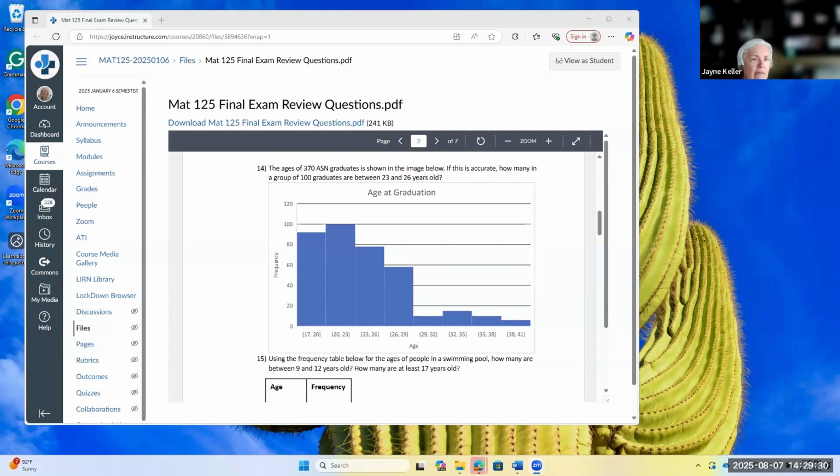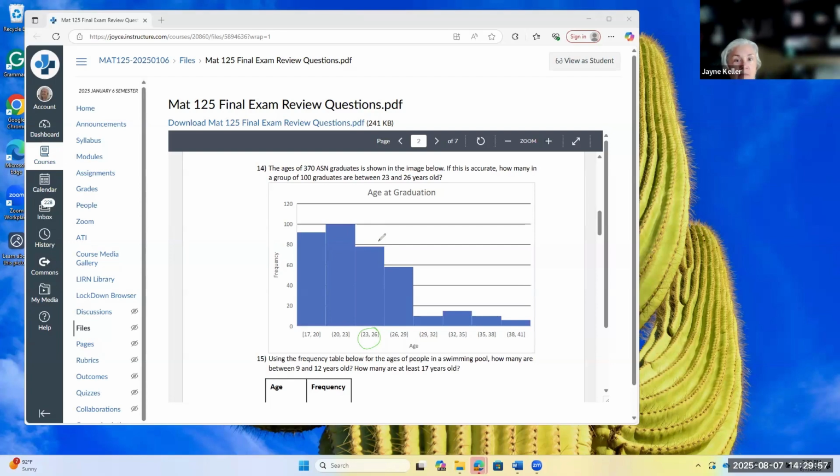If I look at my graph, 23 to 26 is going to be this box, right? And this line up here represents 80. I'm not quite to 80. And between this line here and this line here is 20. So this looks like maybe 77, 78.